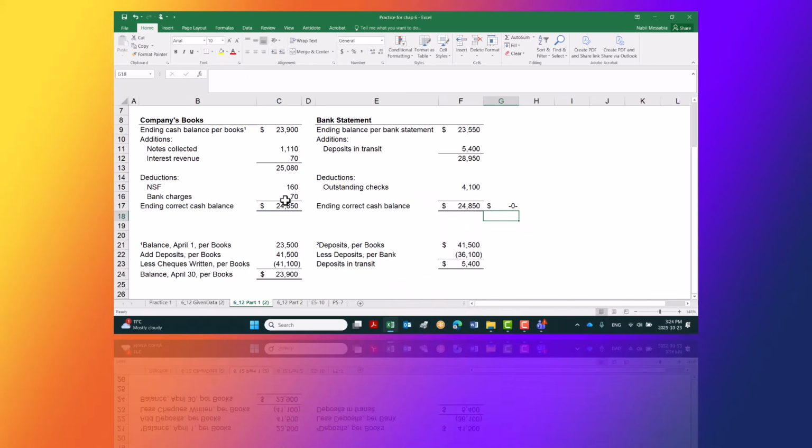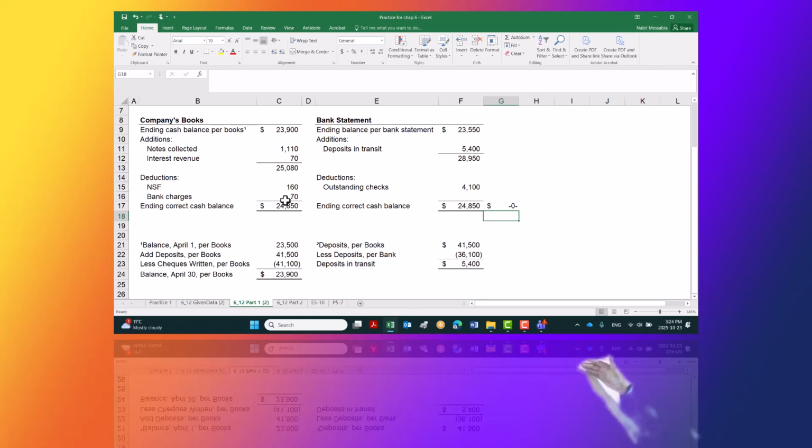Next step. This statement, the bank reconciliation, is not an end. It is not a goal in itself. It's just a tool to correct our books. We now have to make the journal entries in our books to account for the missing information.